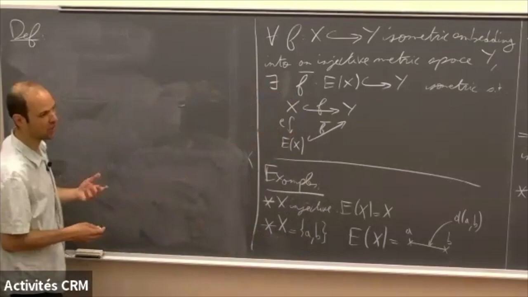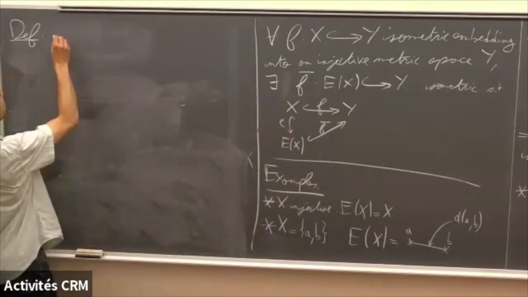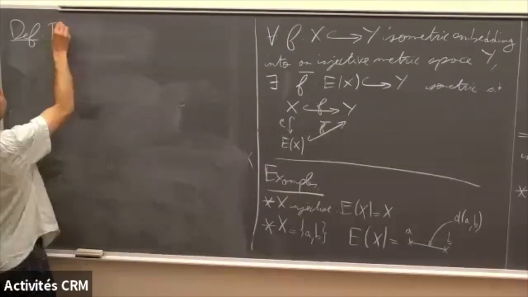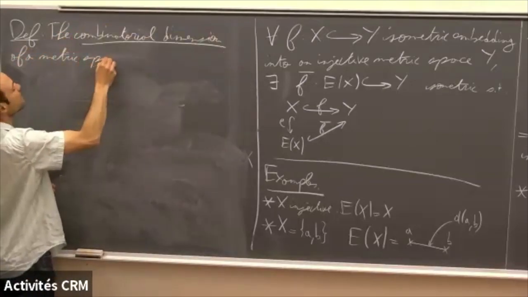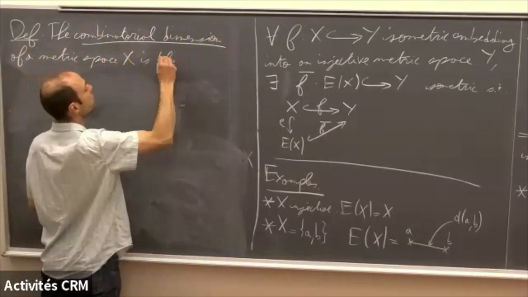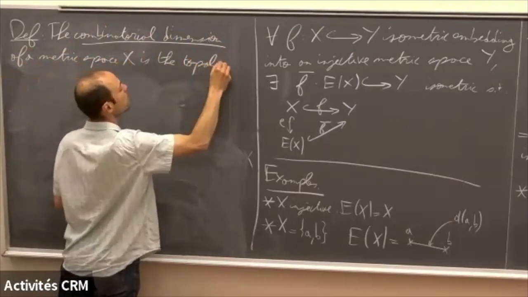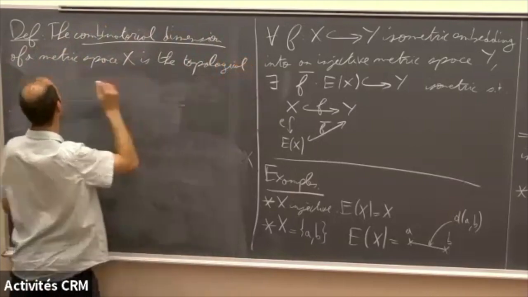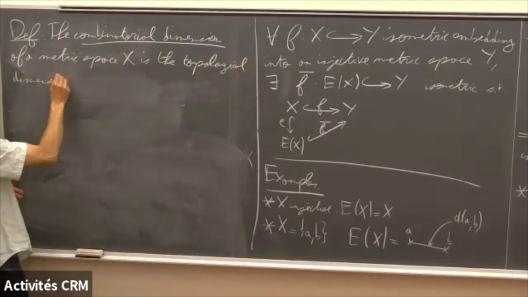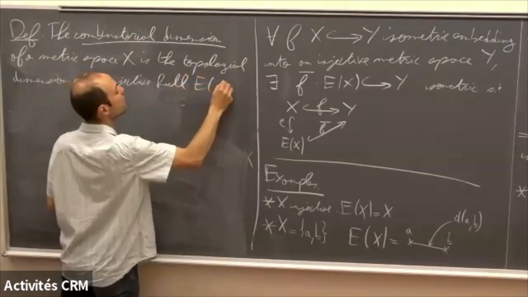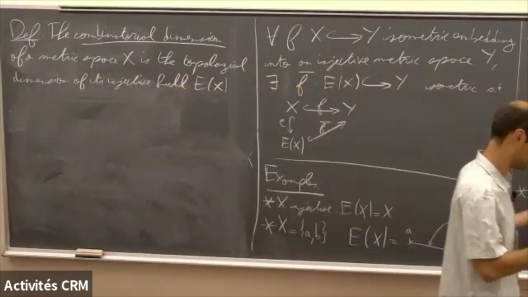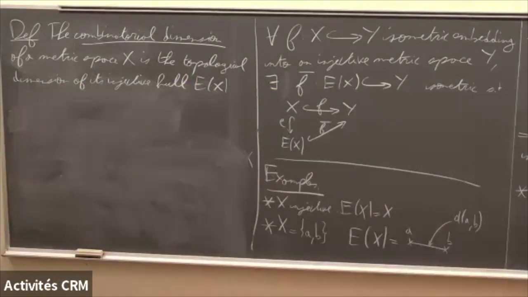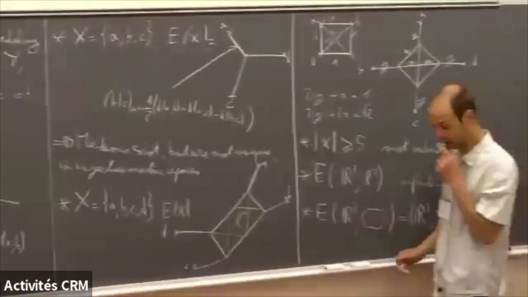But for a polyhedron, no. So the combinatorial dimension of a metric space X is the topological dimension of its injective hull. Maybe combinatorial dimension is not a good name, but it's a name that has stuck.